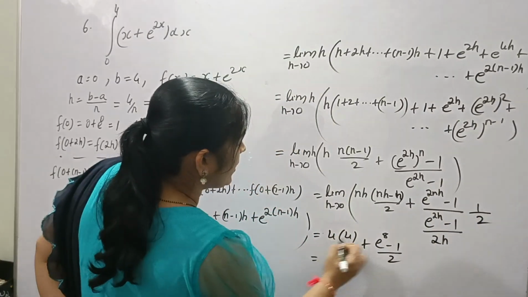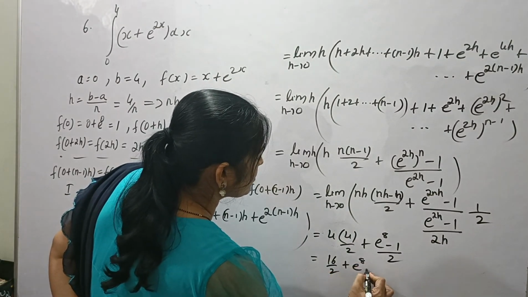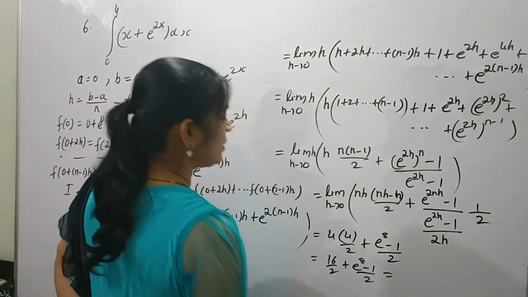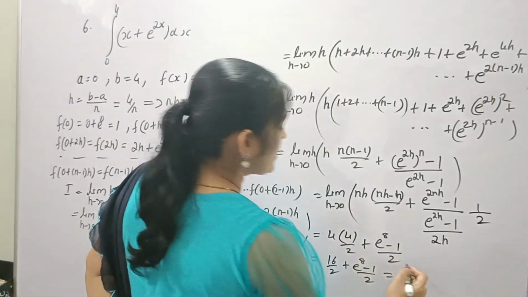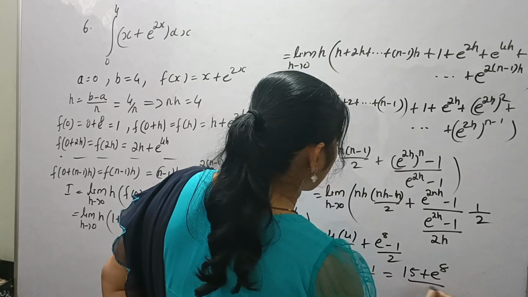That is equal to 16 divided by 2 plus e raised to 8 minus 1 divided by 2, that is 16 minus 1 is 15, so 15 plus e raised to 8 divided by 2.